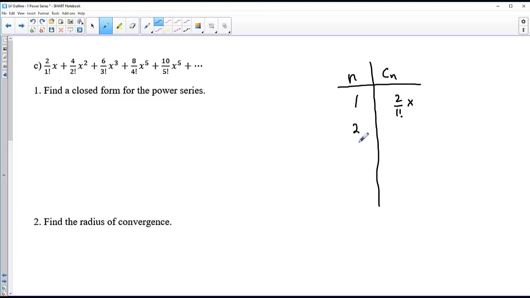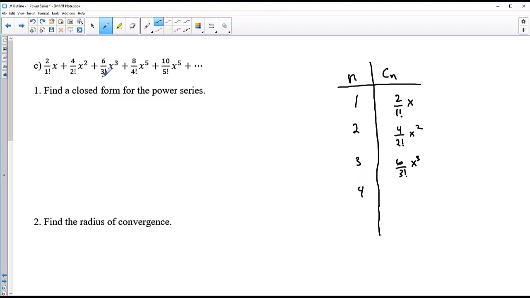So then I have 2, and I have 4 divided by 2 factorial x squared. And then 3, I have 6 divided by 3 factorial x cubed. So I'm just writing down n, which is the number of the term, basically the power of x usually. And then I have on the right-hand side what's happening there.